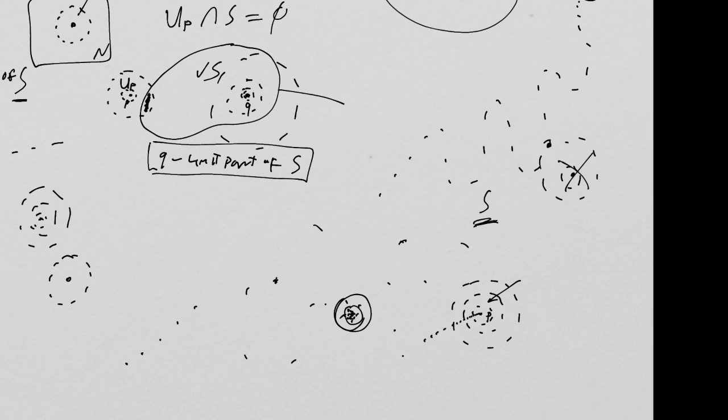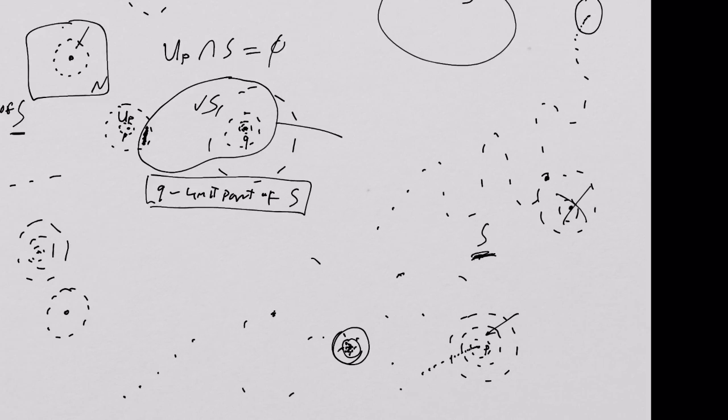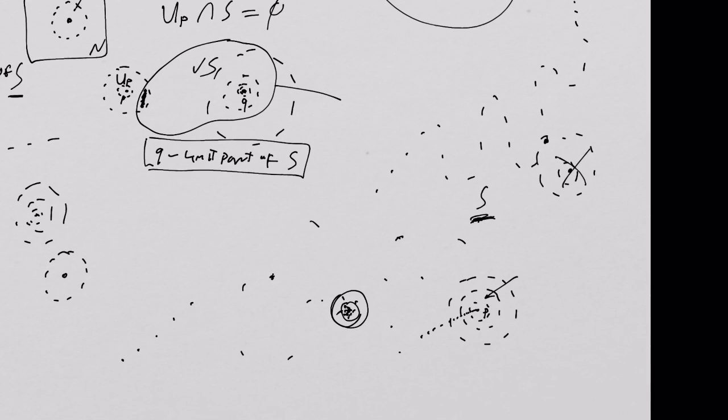You pull out the subsequence that clusters at your point. But regardless, the definition is the same. Every neighborhood of a certain point always has an element of the set, whether the set is a region in a plane or a sequence of points in a plane or anything else, then that point is a limit point.